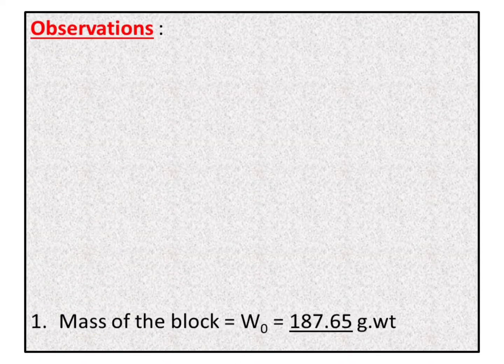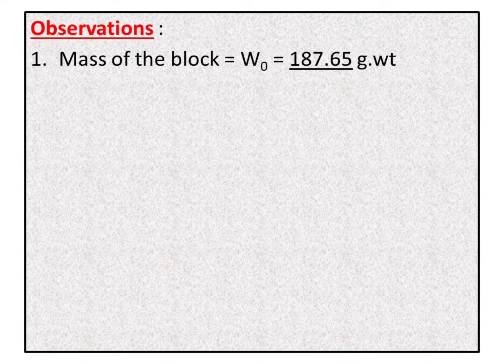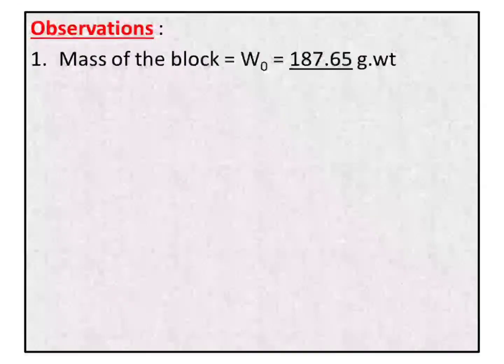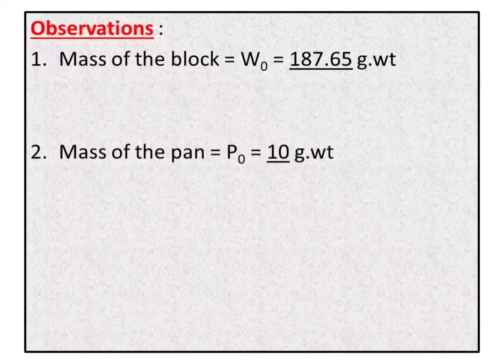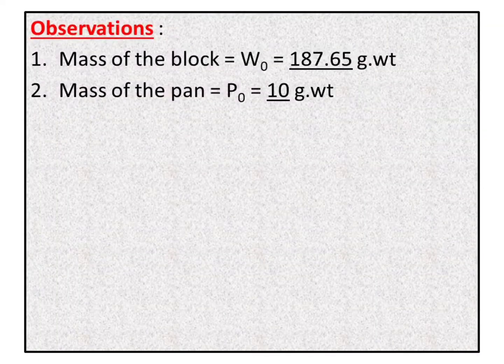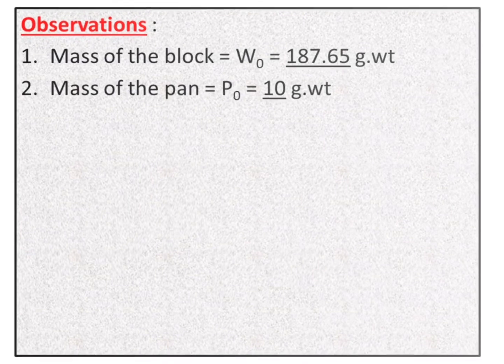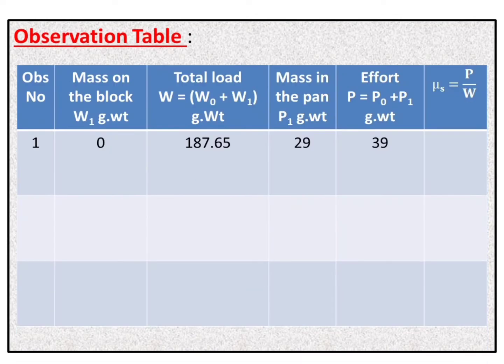Now we'll see the observations. Mass of the block, which is W naught, is equal to 187.65 gram weight, and the mass of the pan, which is P naught, is equal to 10 gram weight. Now the observation table.